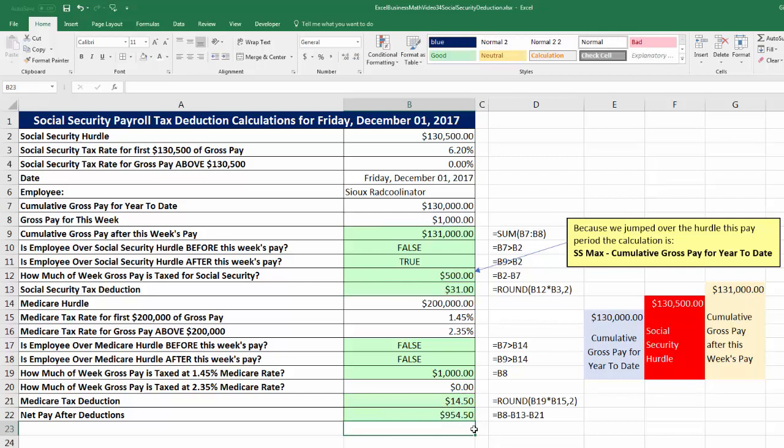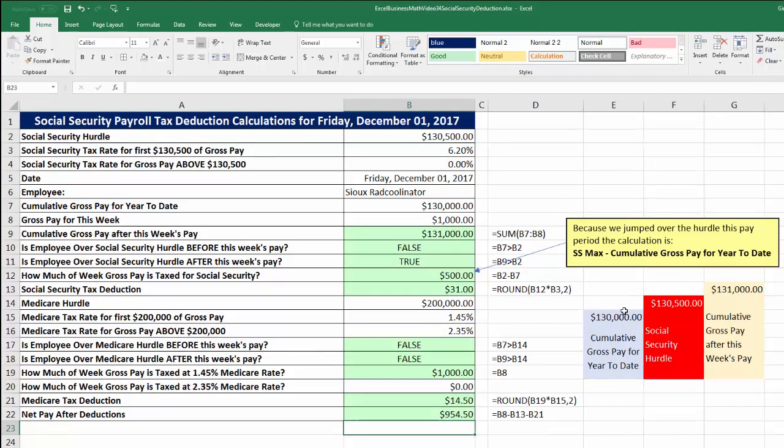That's the net pay. All right, so this example, we very clearly saw the example where we jump over the hurdle, and that means when adding the current gross pay to the cumulative at the start, and we jump over the hurdle, we have to make a special calculation on just part of the gross pay at that first tax rate.